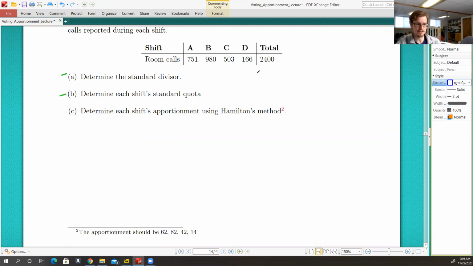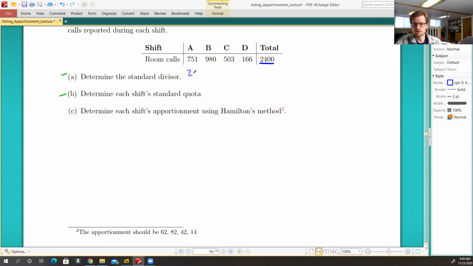So the standard divisor is given by the number in the population. So the population we're considering here is the number of room calls. Okay, there's a total of 2,400 room calls, and we're distributing a collection of nurses.